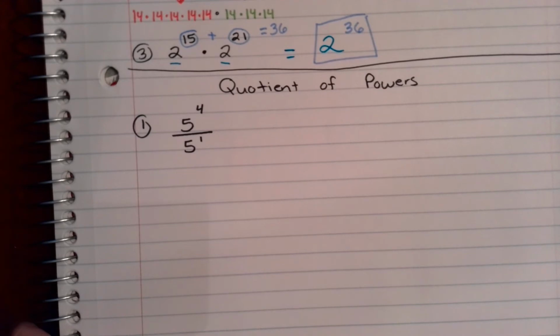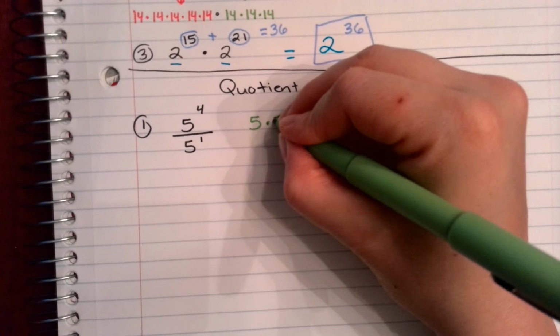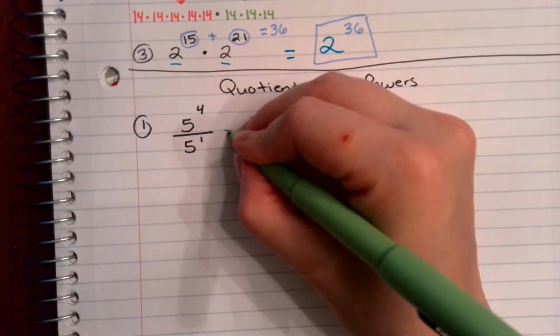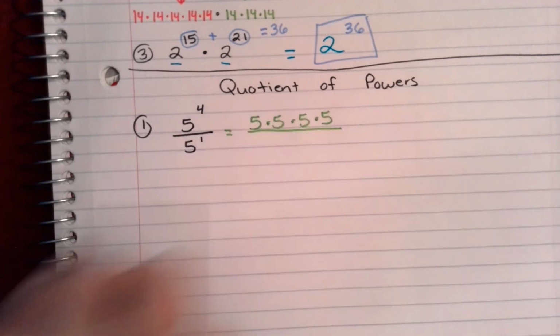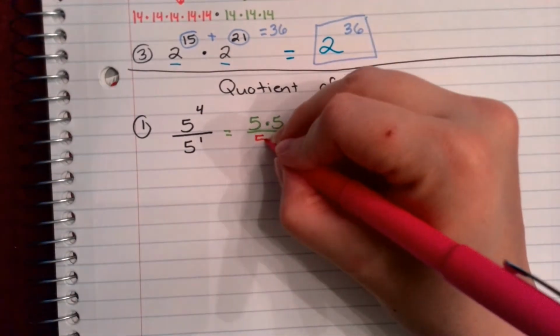Let's write it out. 5 to the 4th is 5 times 5 times 5 times 5. 5 to the 1st is just 5.